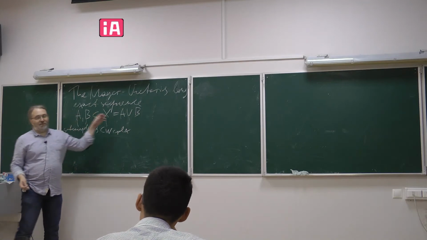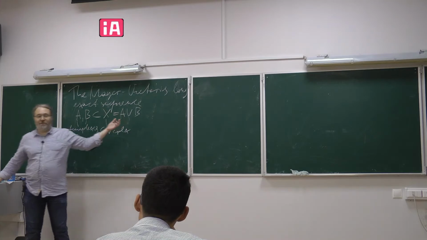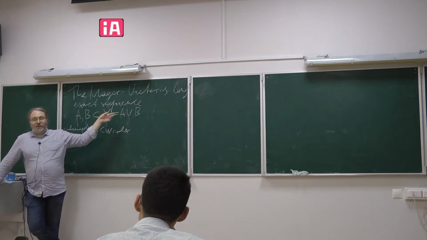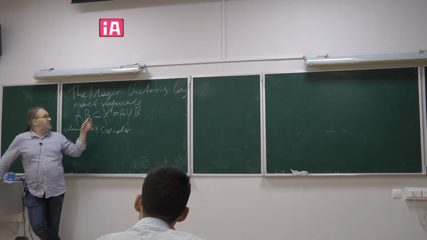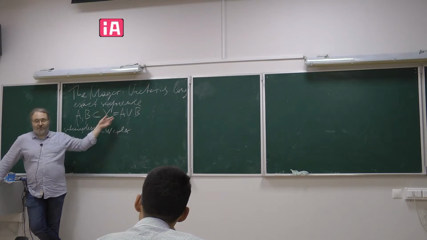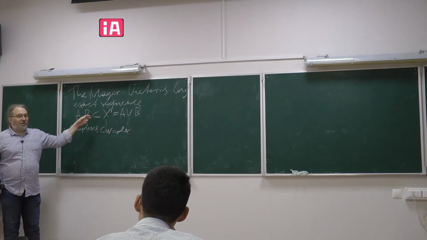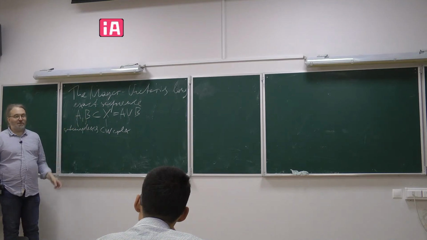Again, I'm not stating the most general version, just something which will help us to do a few calculations. Suppose we have a CW complex X, which is the union of two subcomplexes A and B.